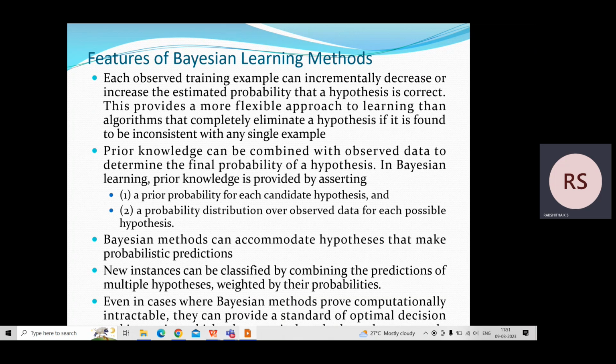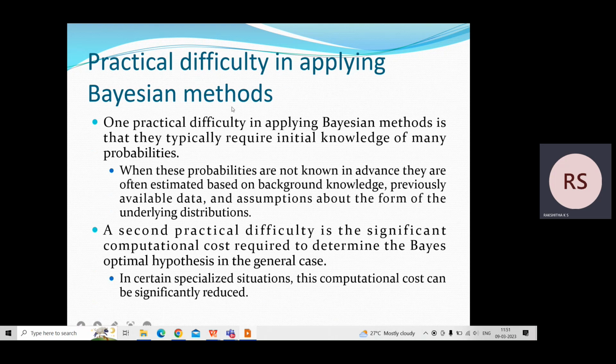Bayesian learning prefers an estimated probability of data. Practical difficulty in applying the Bayesian method: in some conditions, it is difficult to apply the Bayesian method in practice. Why is it difficult? There are two difficulties. The first practical difficulty is that they require initial knowledge of many probabilities.